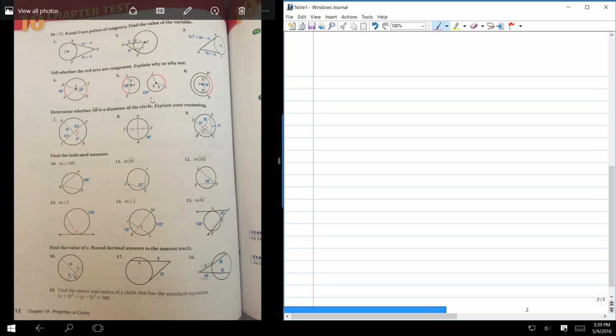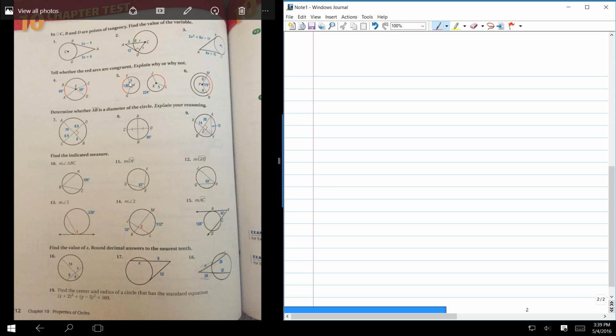Now, number 5. 360 minus 224 is 136. So, yes, they are, because their central angles are the same.